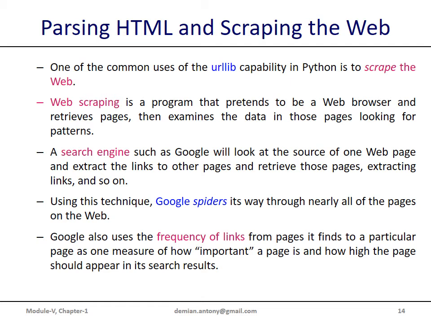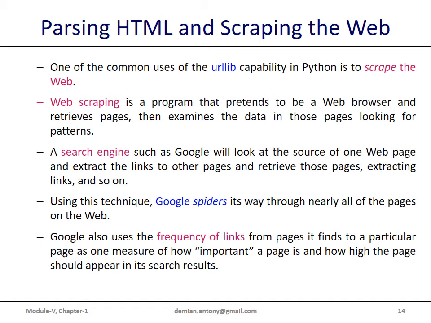That's how a search engine gets a huge list of web page links, and this extraction of links and the subsequent navigation through the links is done by spiders. Google has a spider which goes through all the pages on the web to get the relevant and interesting links.